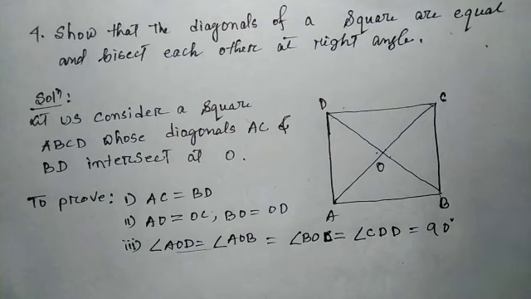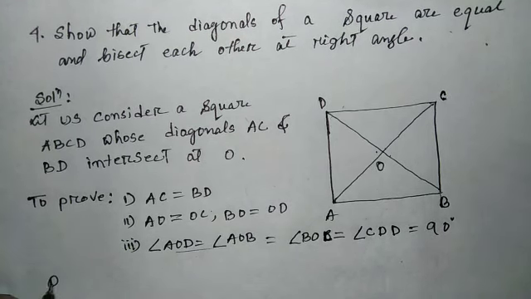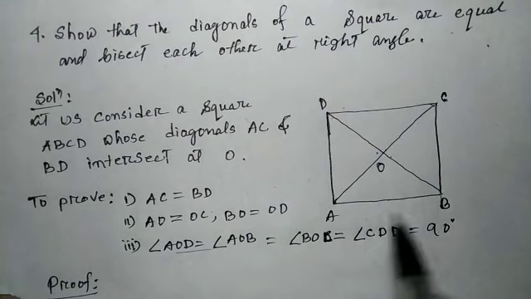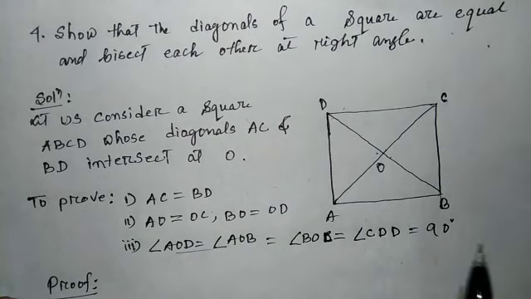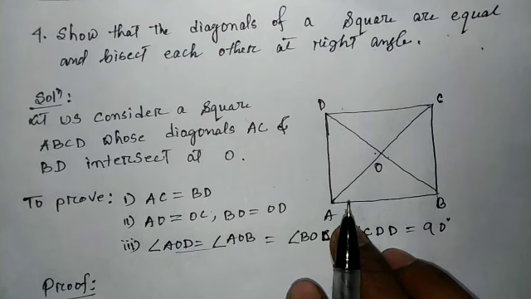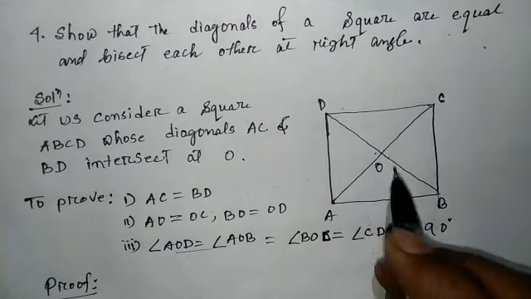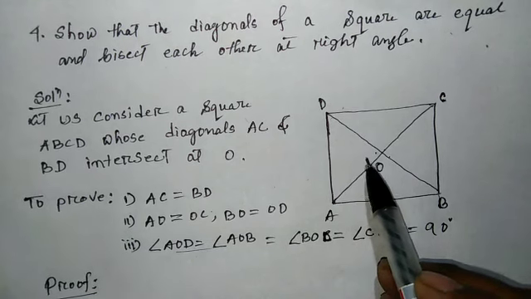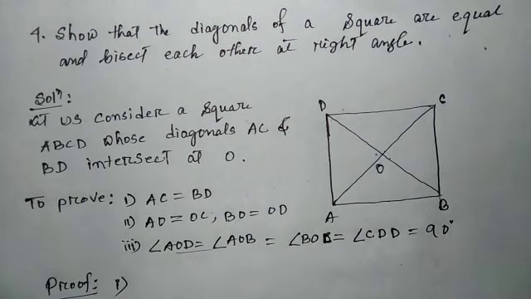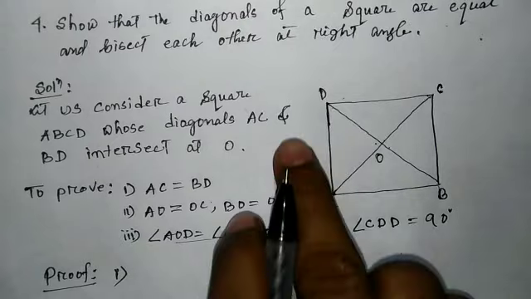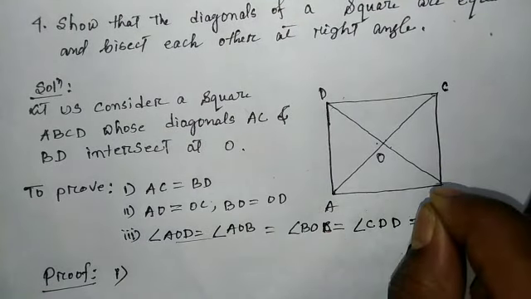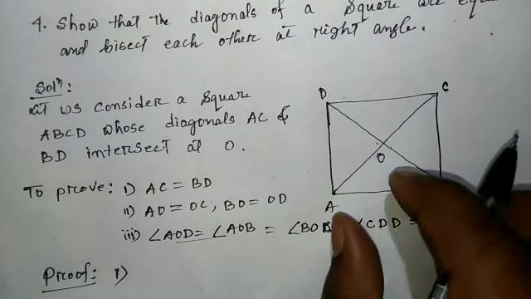So first of all, to prove number 1, AC is equal to BD, we have to take two such triangles so that both the diagonals come. So we have to choose two such triangles so that both diagonals come.